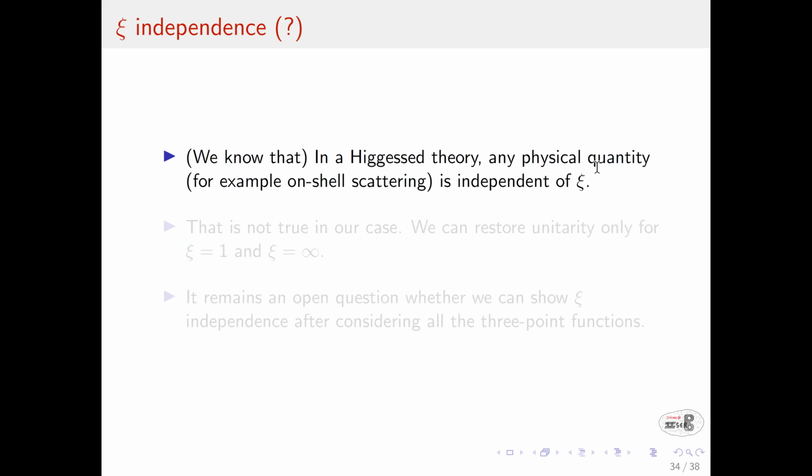So we compute in the Higgs theory, and we know that if you go via the Higgs mechanism, it can be shown to work for all xi, not just xi equal to 1 and infinity. So just because xi equal to 1 works probably means we are still missing something. The second thing is that if you have done this Higgs mechanism computation, you may know that xi equal to infinity is very good for tree level, but it is not possible to show that Higgsed Yang-Mills is renormalizable.